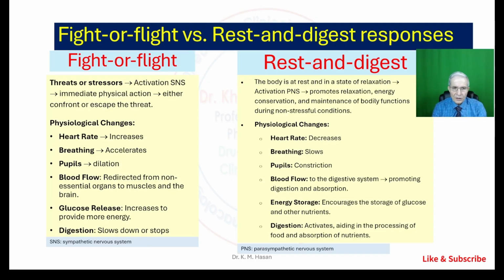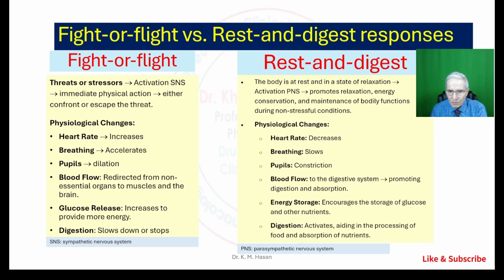Okay, here we are going to speak about two main concepts that control our life and are demonstrated in our daily life. The first concept is called, I prefer to go with the easy one for us, rest and digest. This is the body language when you're relaxing, eating food, watching TV. Our body will be relaxed, the heart rate will decrease, the breathing will be slow, the pupils will constrict.